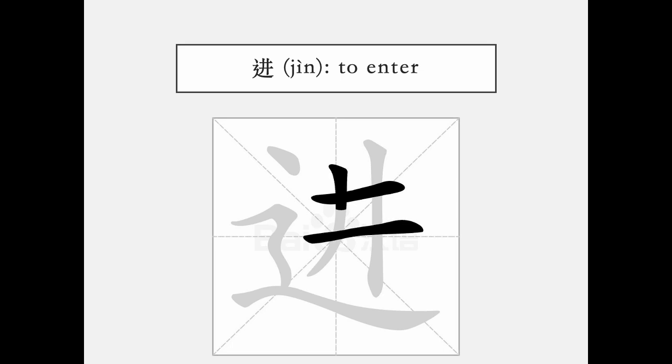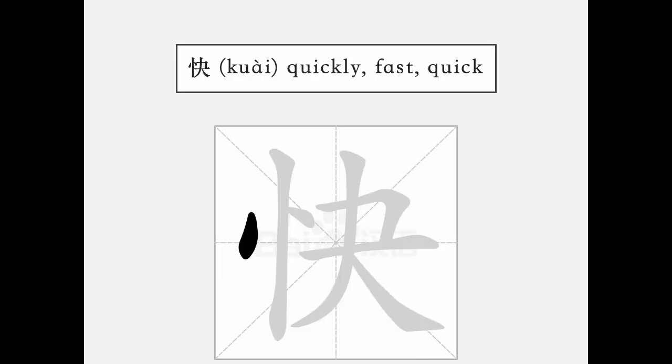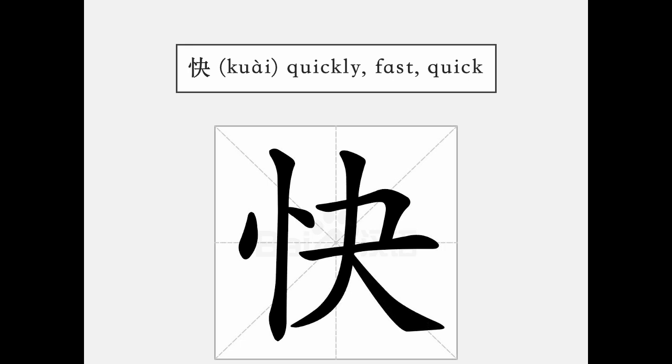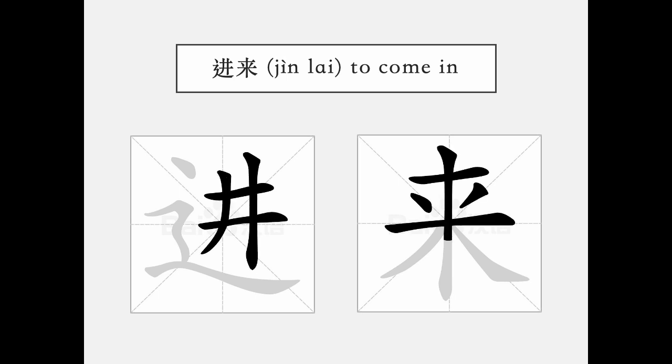Number 1, 进, meaning to enter. 快, meaning quickly, fast, or quick. 进来, meaning to come in.